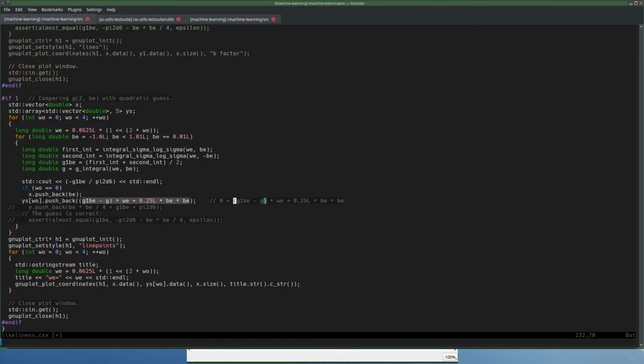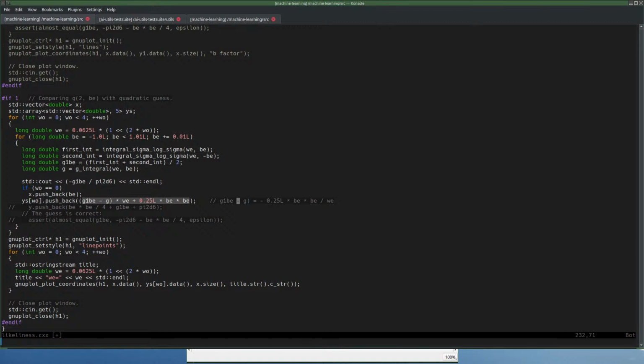And that means that it equals minus that. And now we divide by WE. And then G equals G1BE plus this, right? Just G to the other side.